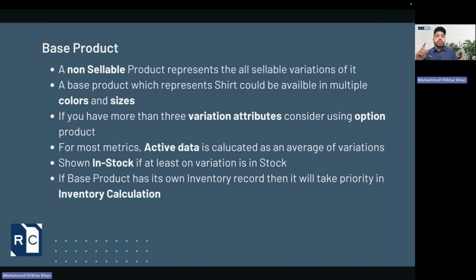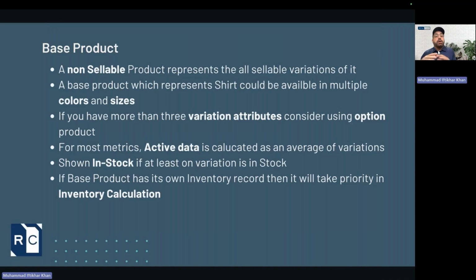We call this a variant. And the base product for all these variants will be defined as a template object. The template object will contain all the common attributes among these variants. And the attributes which are different, like color and size, for example, those attributes will define the variant itself.